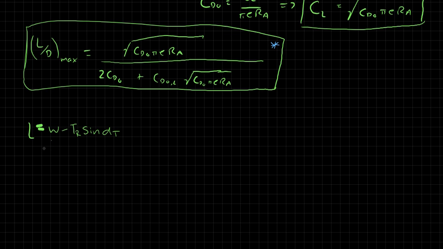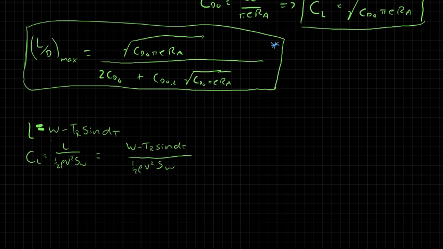All right, so the lift coefficient then is just going to be CL equals lift divided by 1/2 rho V squared SW. And so that's just going to be W minus TR sine of alpha T over 1/2 rho V squared SW.